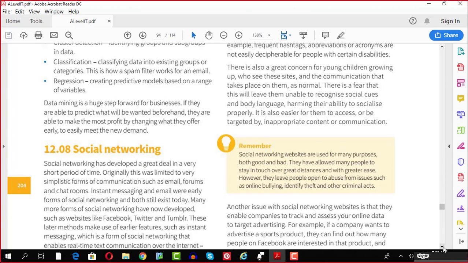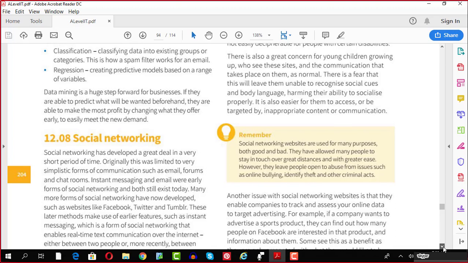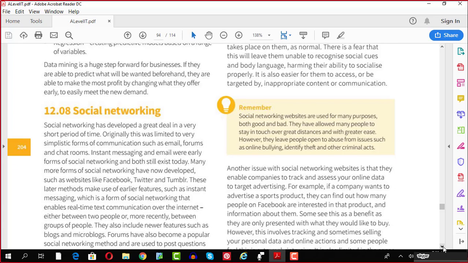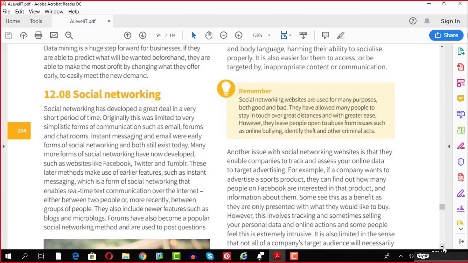Is it actually harming our health or not? There could be a lot of discussion about social networking. This includes privacy of data. Should all ages be a part of social networking or not? So when you talk about evaluation, you have to talk about both points.